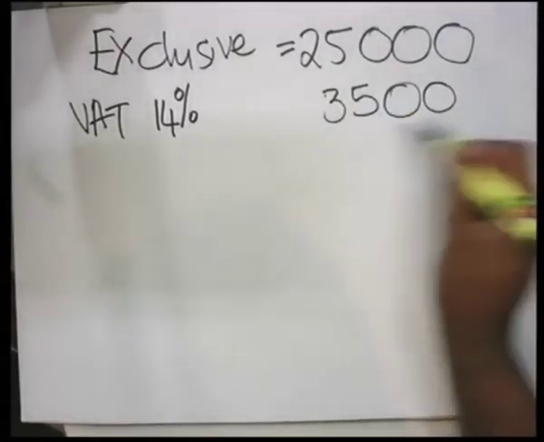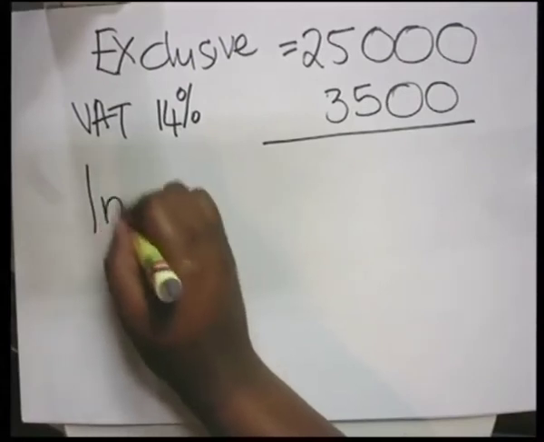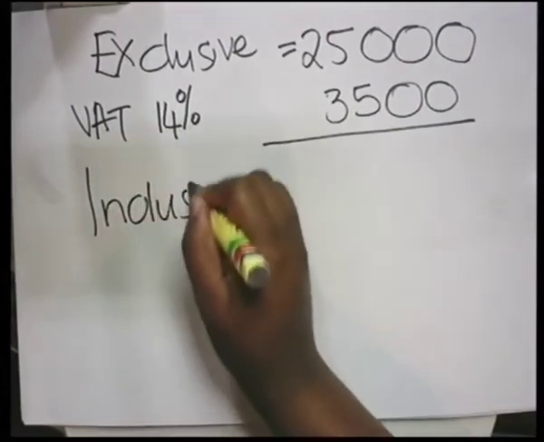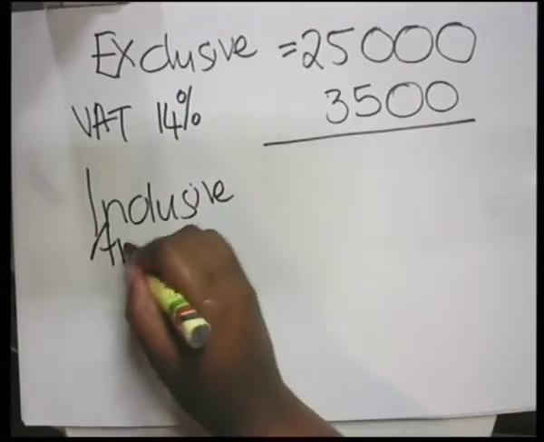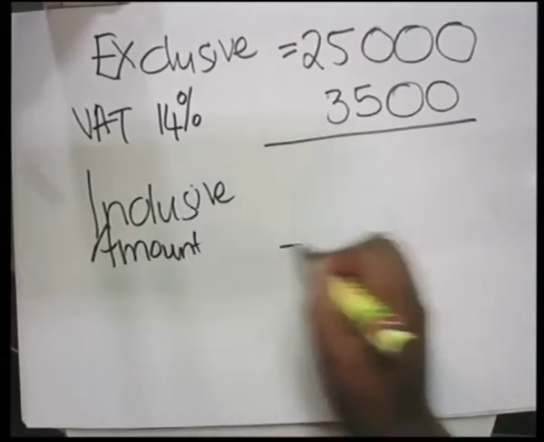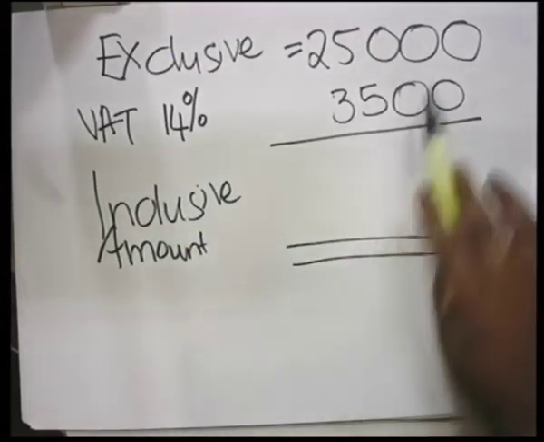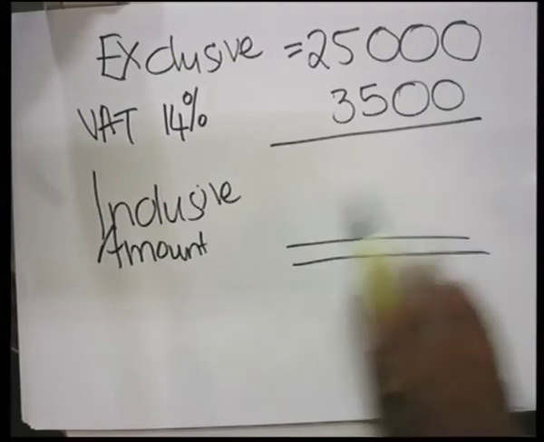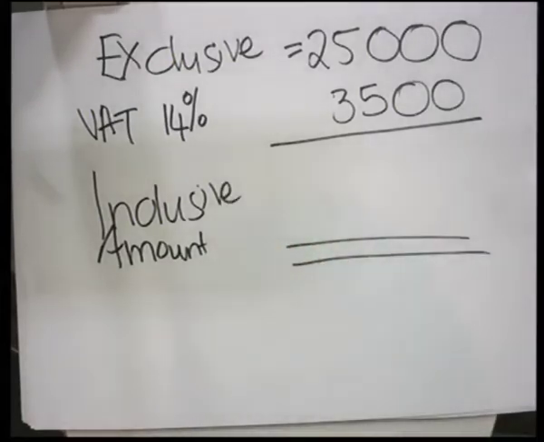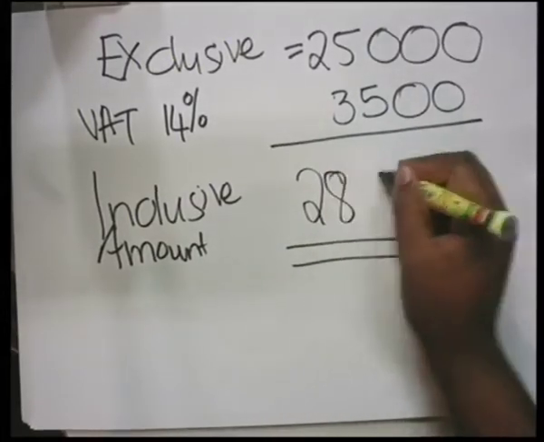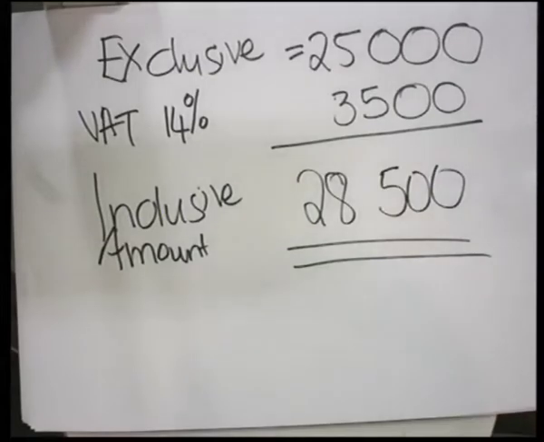So this is the VAT, and this is your inclusive amount. Your inclusive amount is made up of your exclusive amount plus your VAT at 14%. So if we say 3,500 plus 25,000 equals 28,500. And it's the same on your slide, the 28,500.